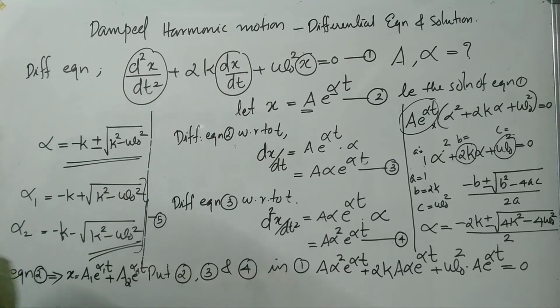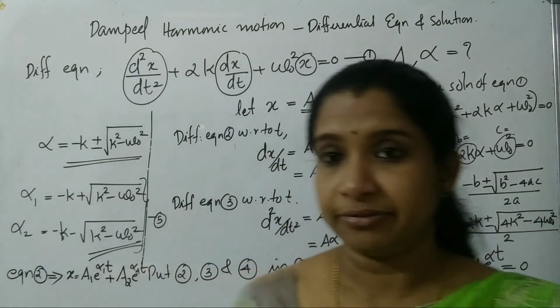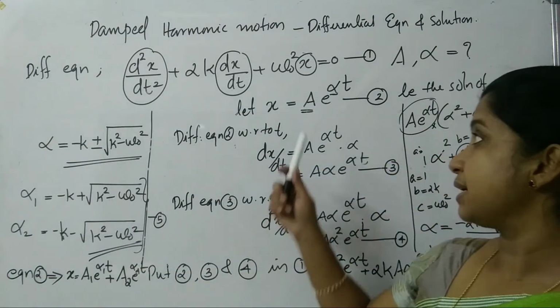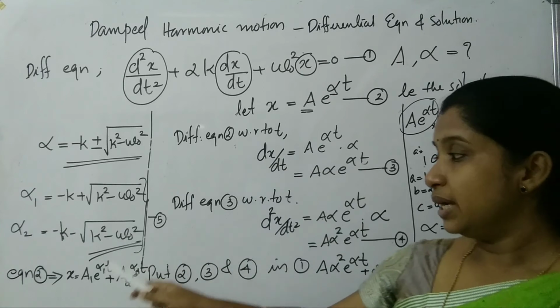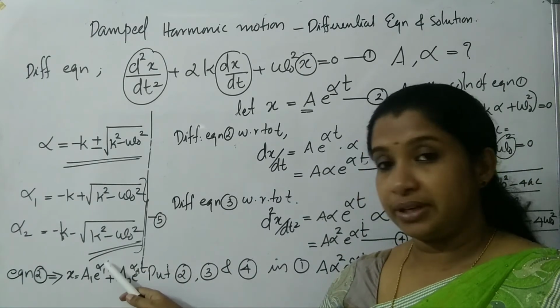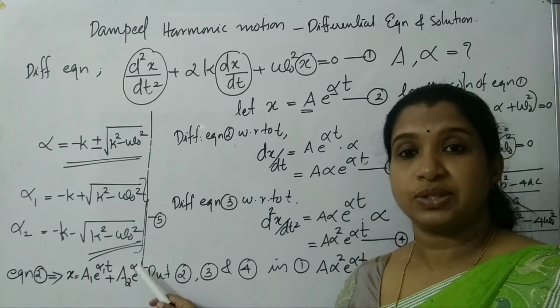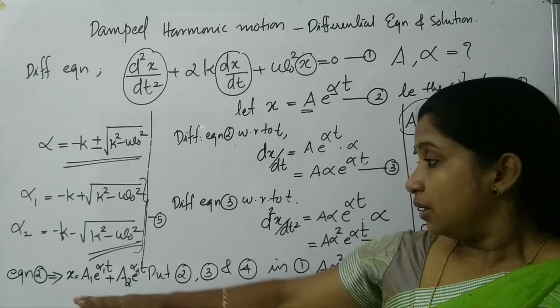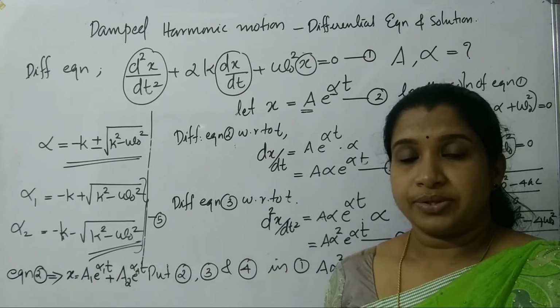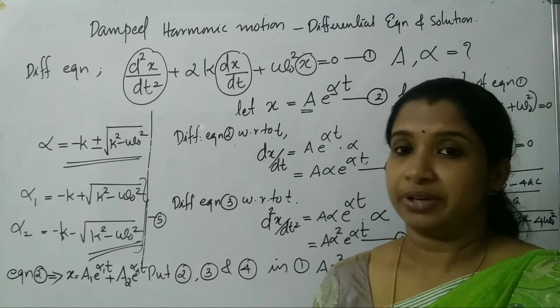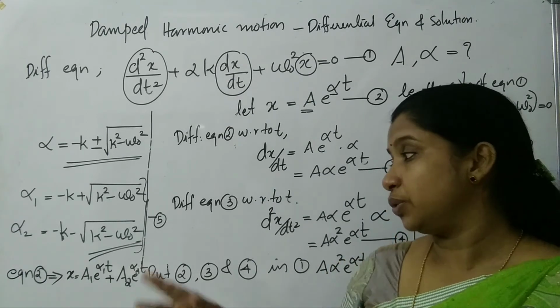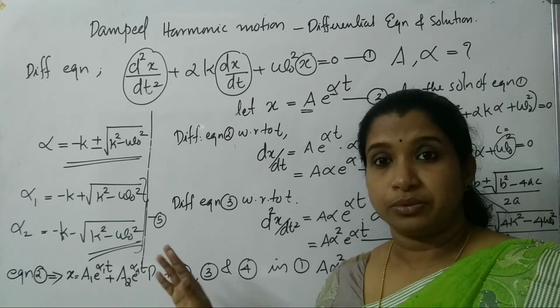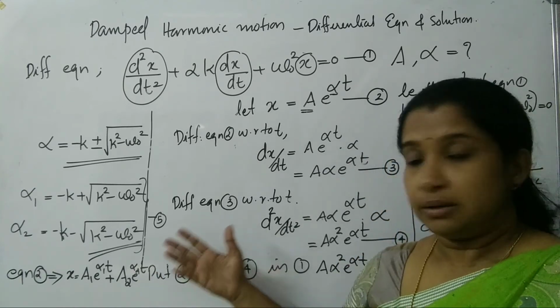Since we get two values of alpha, alpha 1 and alpha 2, we modify the general solution. Now a1 and a2 are unknown constants. We don't know the value of a1 and a2. Then we have to find out the value of a1 and a2, two unknown constants. That is the next step.